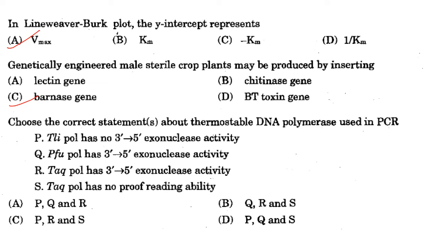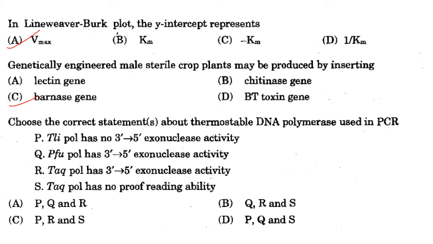Then Pfu pol has 3' 5' exonuclease activity. That is correct. That is proofreading activity. That is 3' 5' exonuclease activity, meaning that as the DNA is assembled from the 5' end to 3' end, the exonuclease activity immediately removes nucleotides misincorporated at the 3' end of the growing DNA strand.